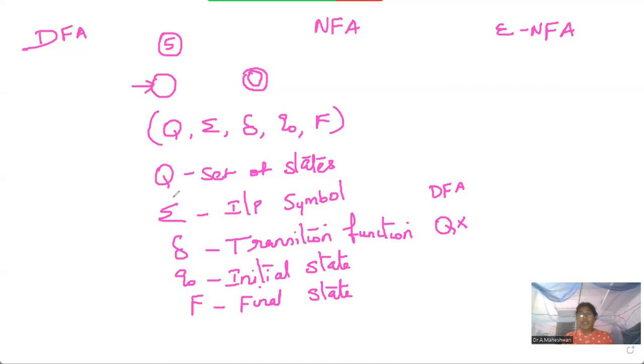The input symbol is represented by this symbol. So it will move to only one state. If you are considering DFA, I am going to use only uniqueness, a single path for each state. So I'll get only one move from one state with one input symbol. So it goes to only one state. This is DFA.